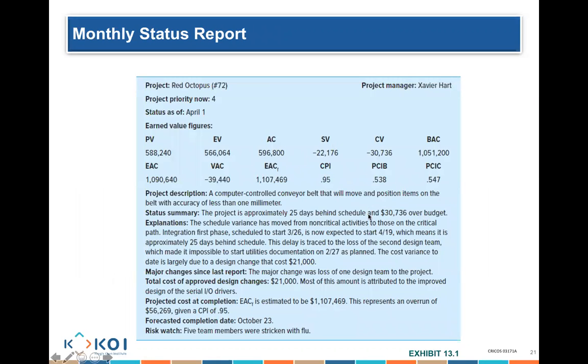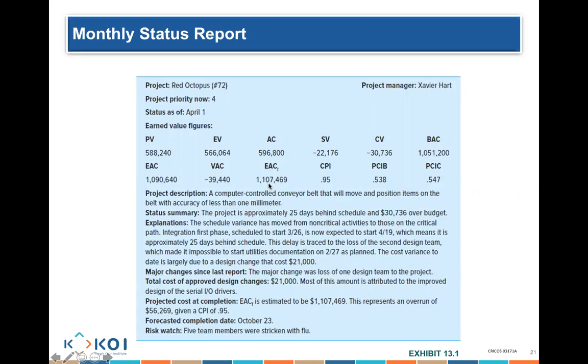Here are some calculations. For example, schedule variance is minus 22,000, so I am behind schedule. Cost variance, again, I am over budget. Budget at completion is how much it was supposed to cost me.